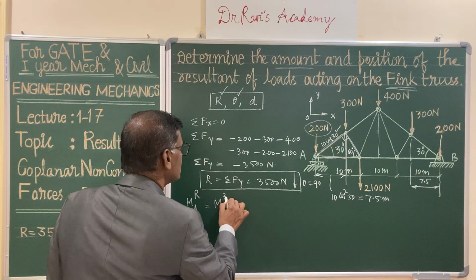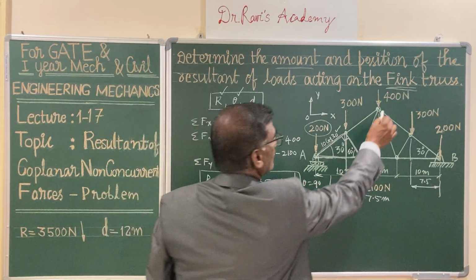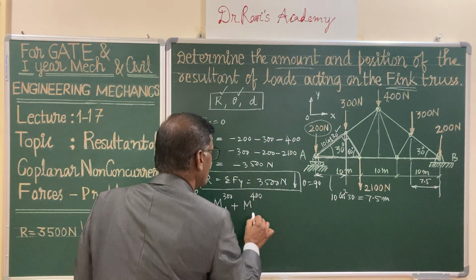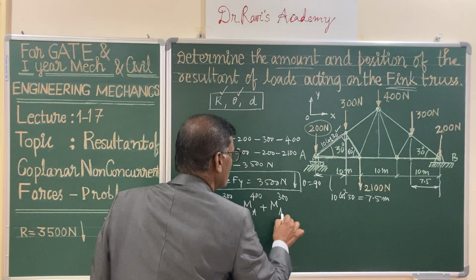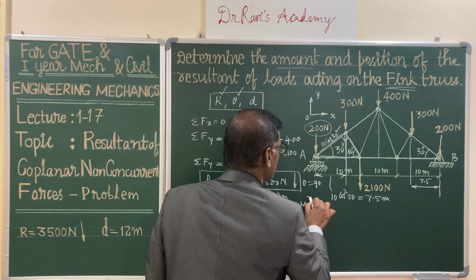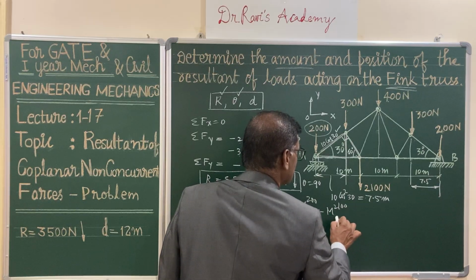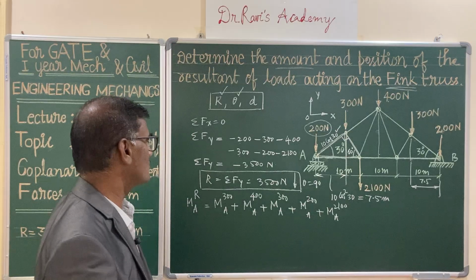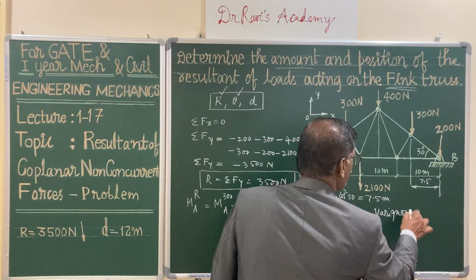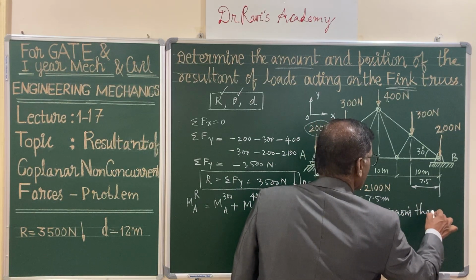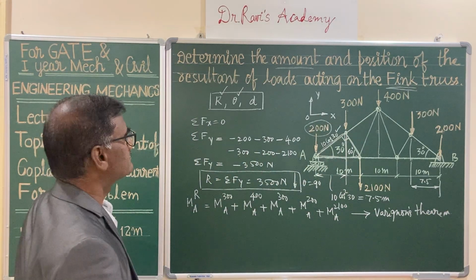So you can write here the moment of 300 about A plus the moment of 400 about A plus again 300 about point A plus the moment of 200 about A, and lastly the moment of 2100 about A. So this is Varignon's theorem. By means of Varignon's theorem, we will be able to find out the moment arm for the resultant force.